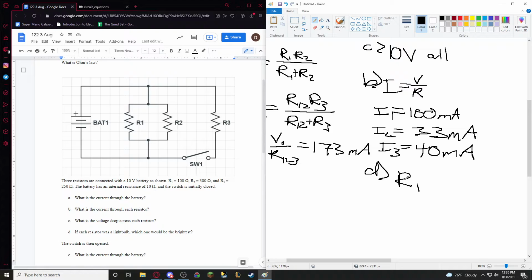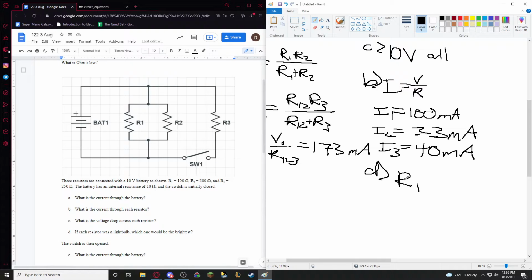So, anyone have any questions about this so far? Wait, hold on. So R1's the brightest because it's closest? No, it's the current. The current is stronger at R1.